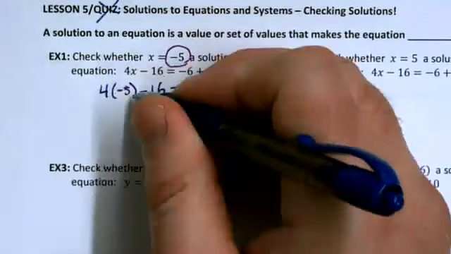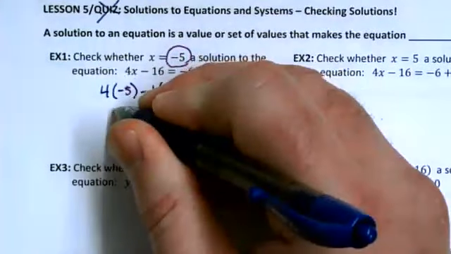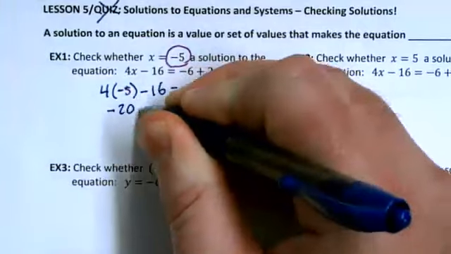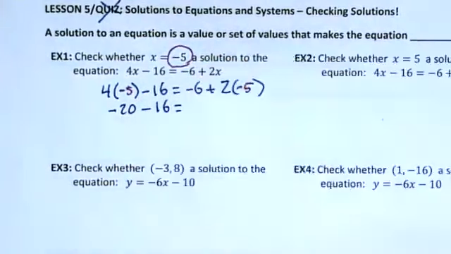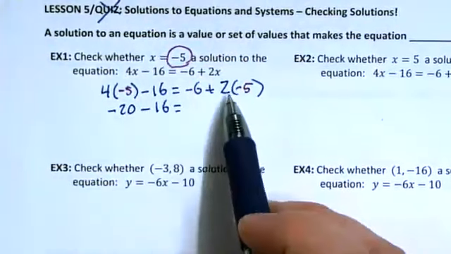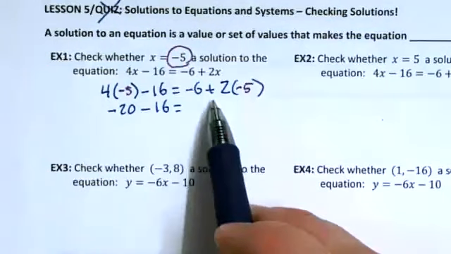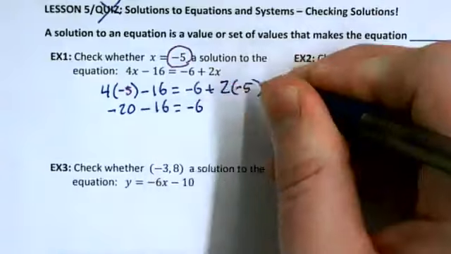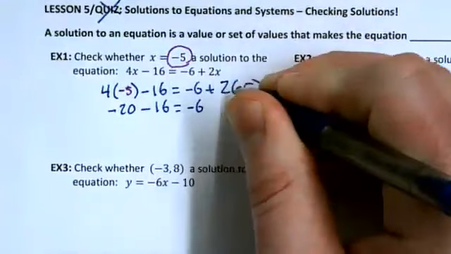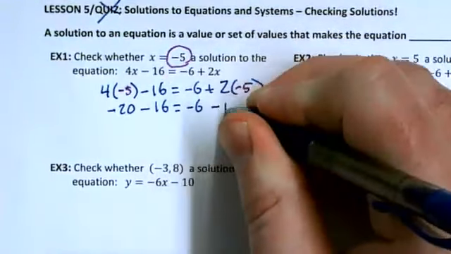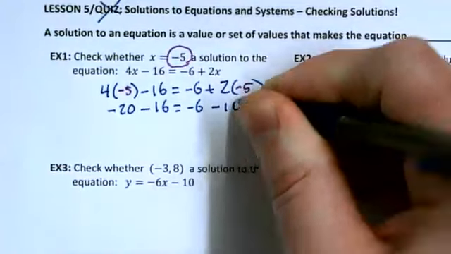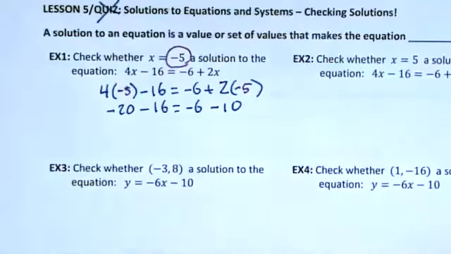So let's do this. 4 times -5 is -20. And I'm going to leave that alone for right now. What can I do over here? I should do the multiplication first, right? Before the addition. So I'll leave the -6 alone. 2 times -5, that's a positive 2 times a -5, that's -20. Oop, -10 rather. -10.